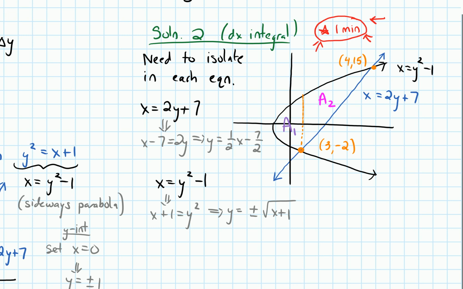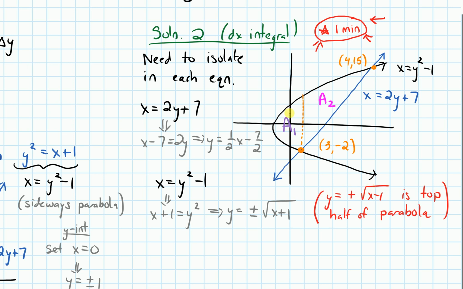when we talked about circles and semicircles. Okay, so y equals the positive square root of x plus 1 is going to be the top half of the sideways parabola, because the fact that we have a positive root means that the y values cannot be negative.